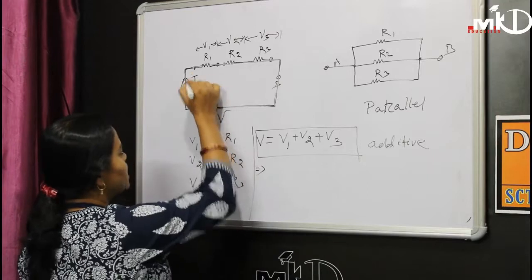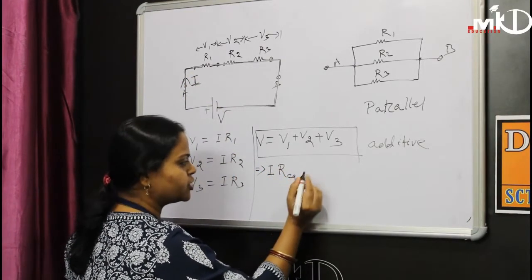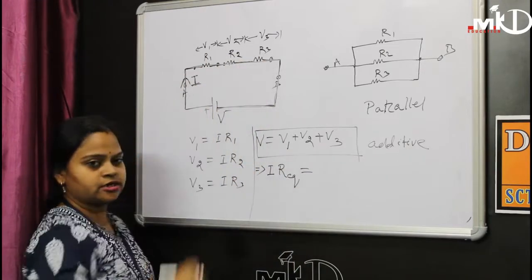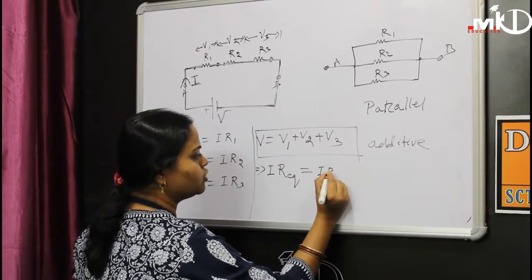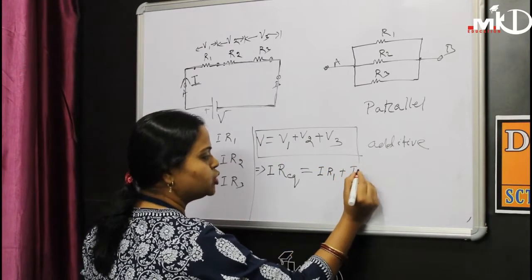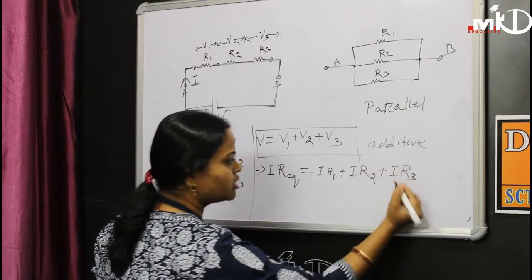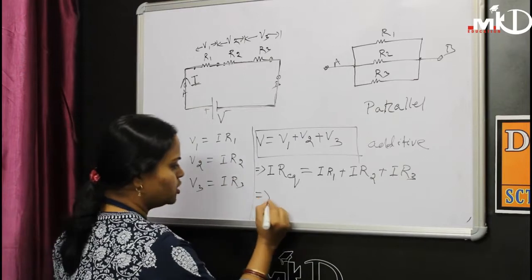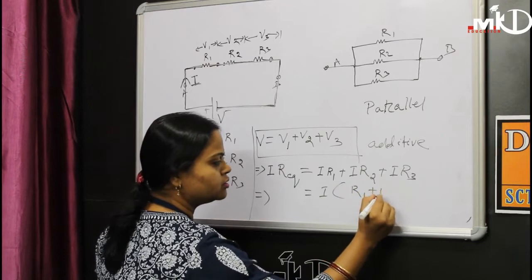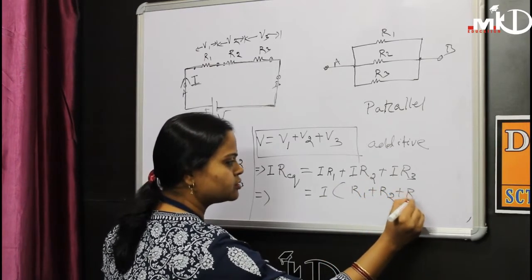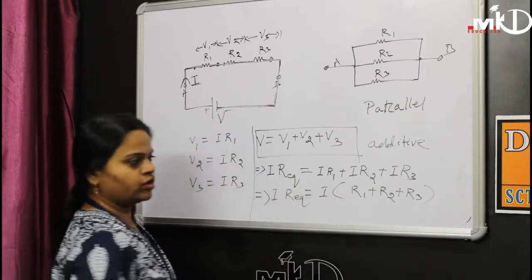V is equal to I into R equivalent, meaning the total resistance of the circuit. In place of V1, V2, V3, I can write I into R1, I into R2, I into R3. Taking I common, I into R1 plus R2 plus R3 is equal to I into R equivalent.